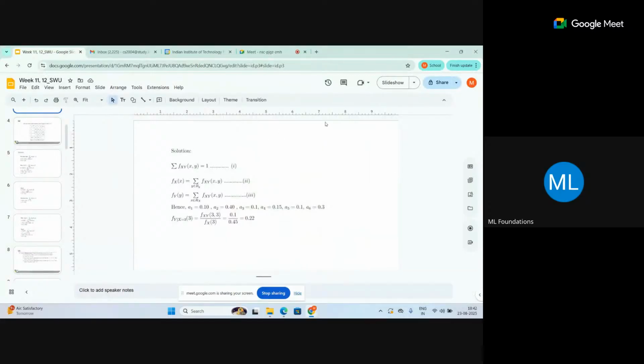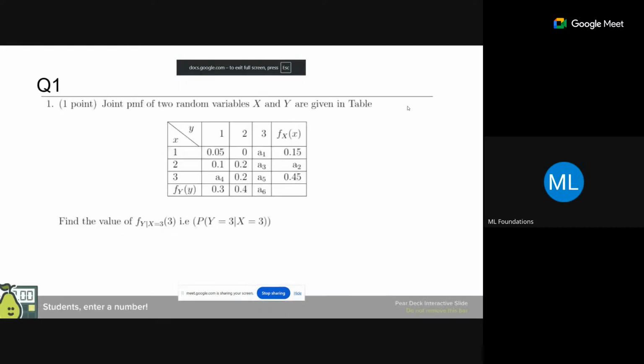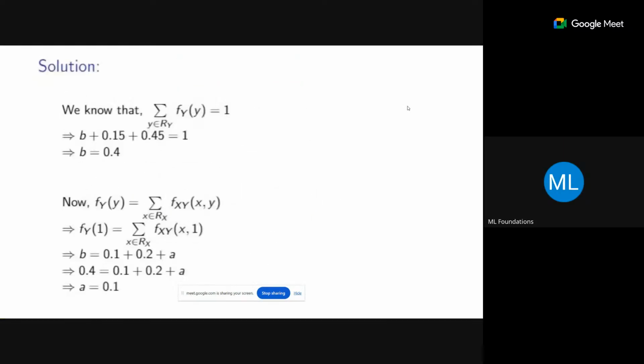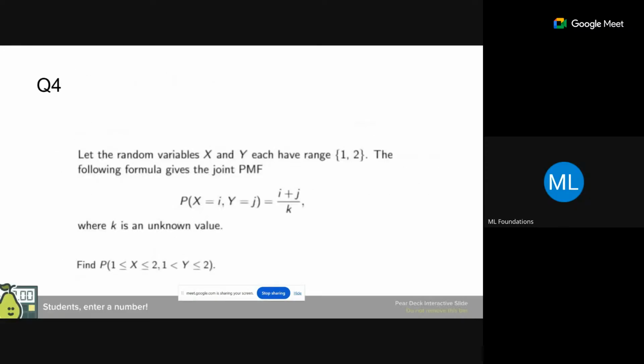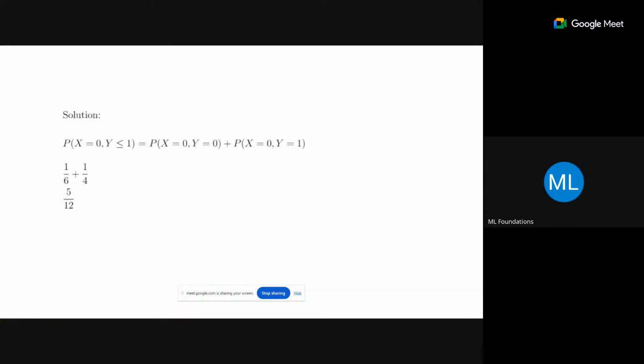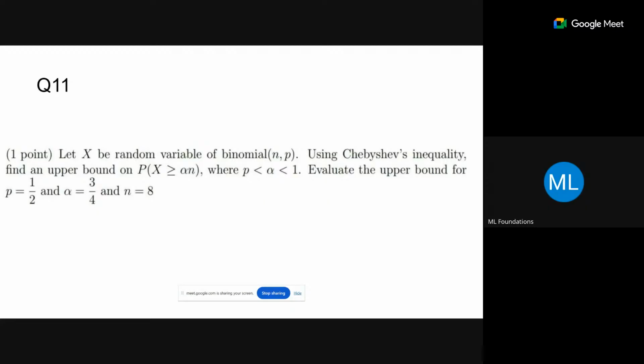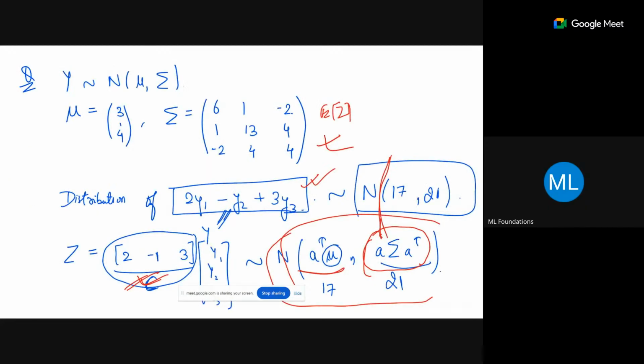Here I can actually show you some examples. These are from week 11, maybe how to find this out. But before that, I'll share this also with all of you so that you can practice later on about the Chebyshev inequality.